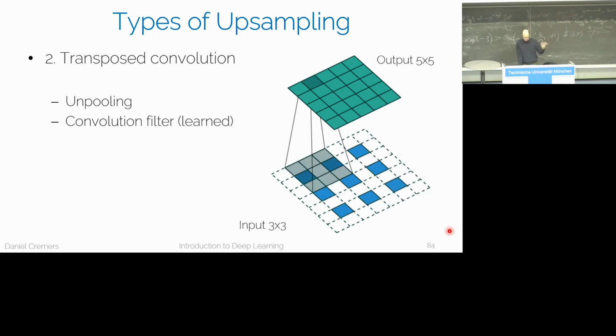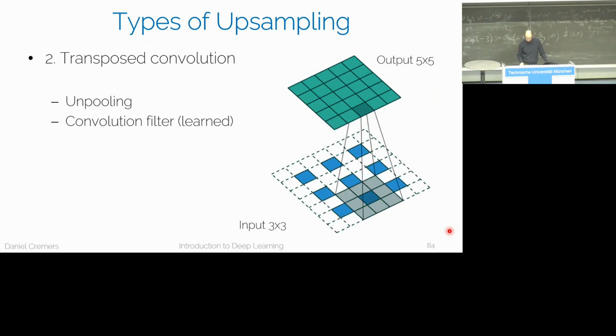So much like the convolution, this transposed convolution is a filter that can also be learned in a neural network. This is called up convolution. Don't confuse it with deconvolution.